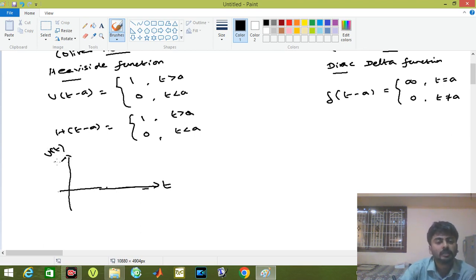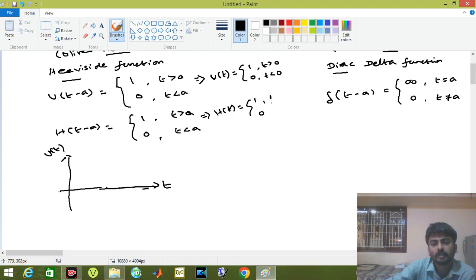Okay, so if I want to write this, this can be written as u of t equal to 1 for t greater than 0 and 0 for t less than 0. In the same way, this can also be written as h of t equal to 1 for t greater than 0 and 0 for t less than 0.